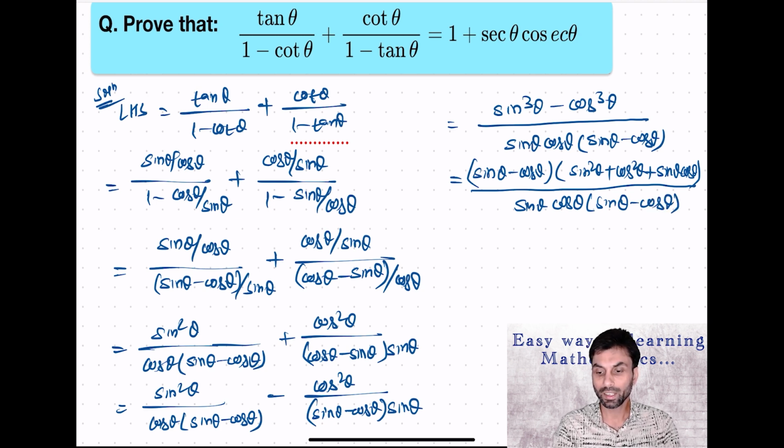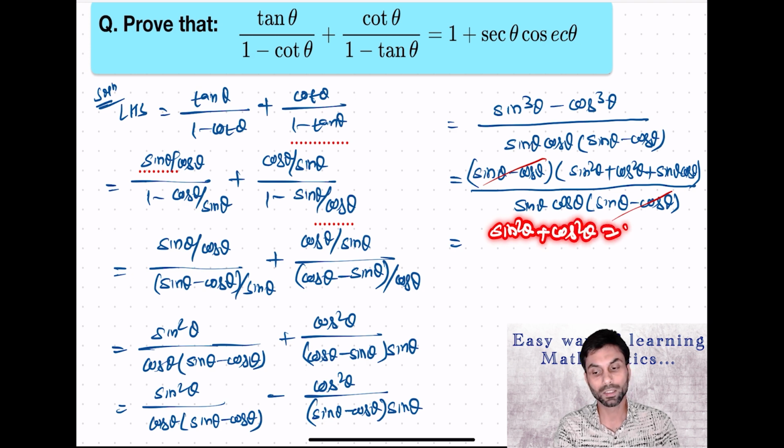Now we can cancel sine theta minus cos theta in the numerator and denominator. And we know that sine square theta plus cos square theta equals 1.